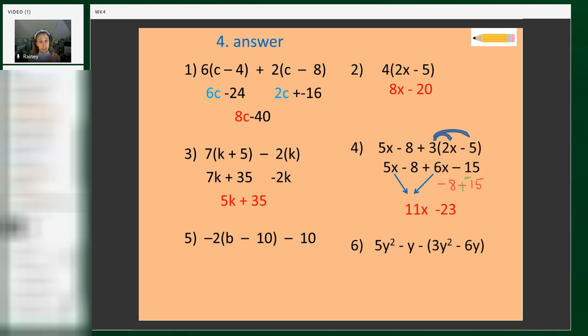Okay, this next one is good. It's got a lot of signs. Take your time, please. Okay, I'm going to work it out and then I'll show you the answer. Take your time. You can do it.